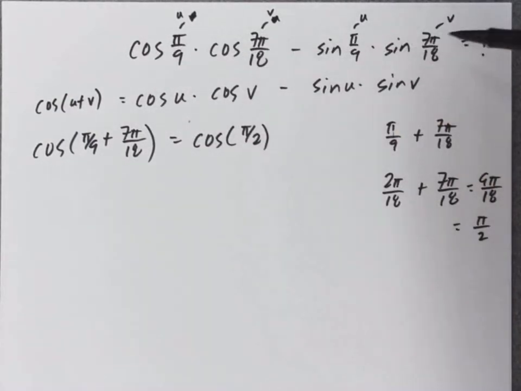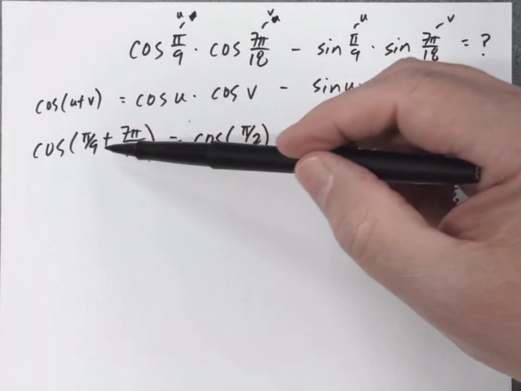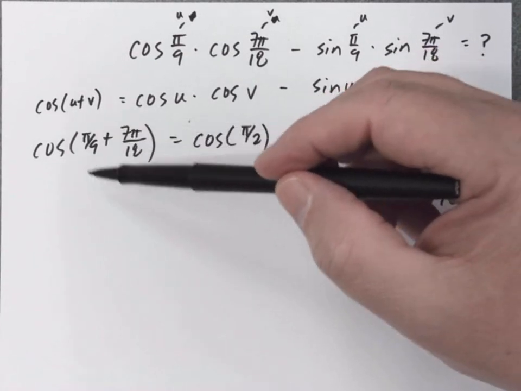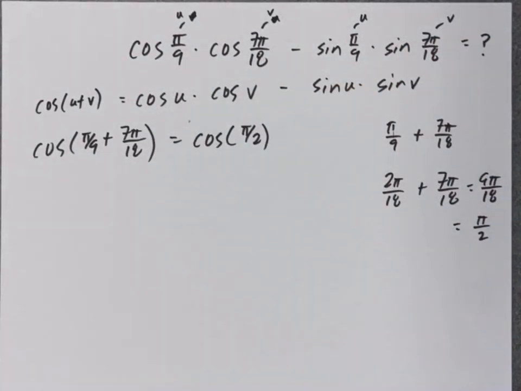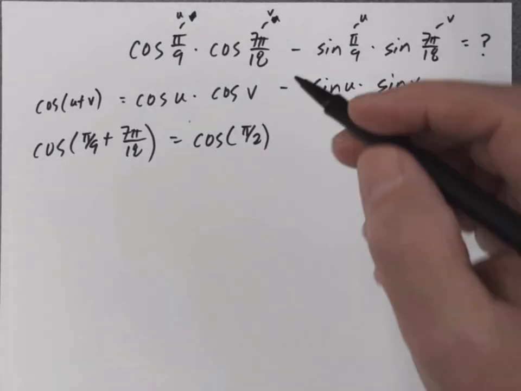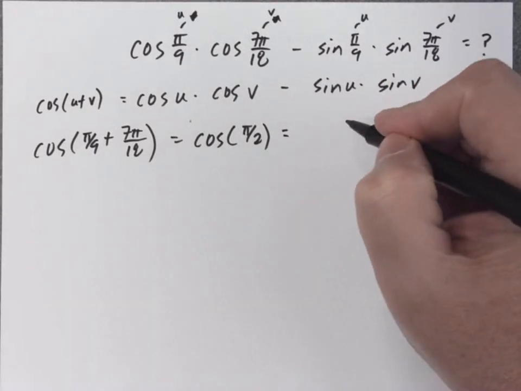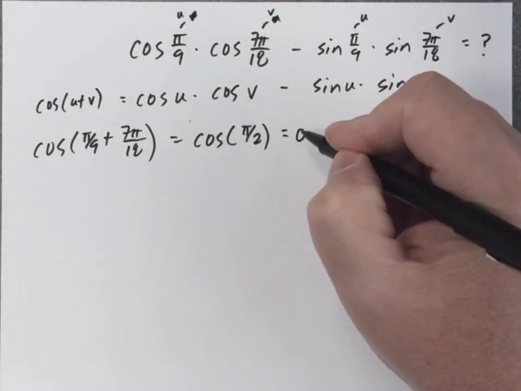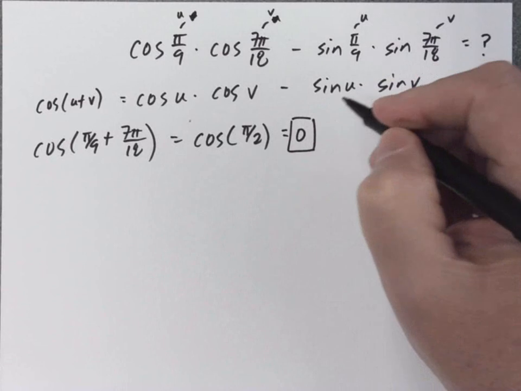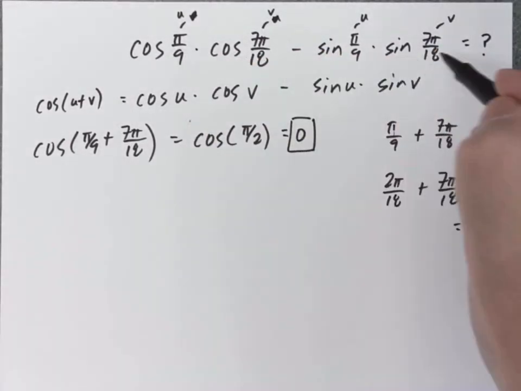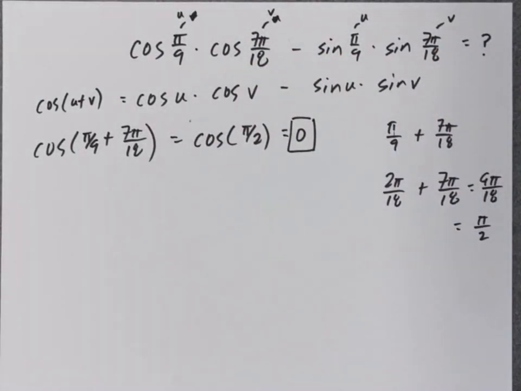So this whole thing I can rewrite as this. I added these two fractions together, and it's pi over 2, and lo and behold, pi over 2 is a special angle. In fact, the cosine of pi over 2 is 0. So this problem actually equals 0, amazingly enough.